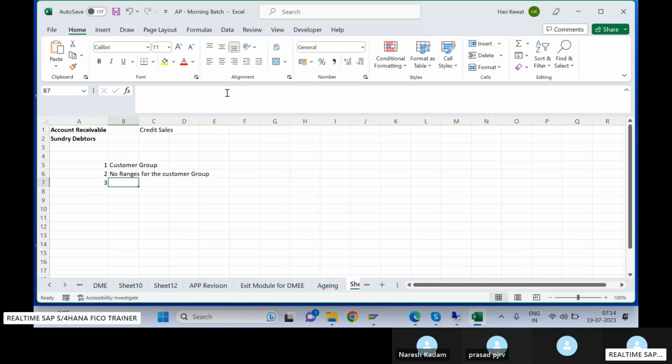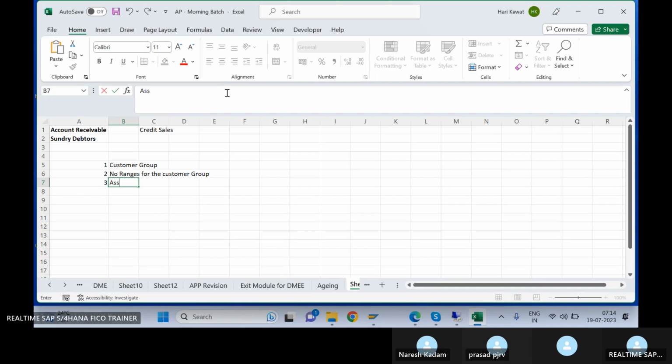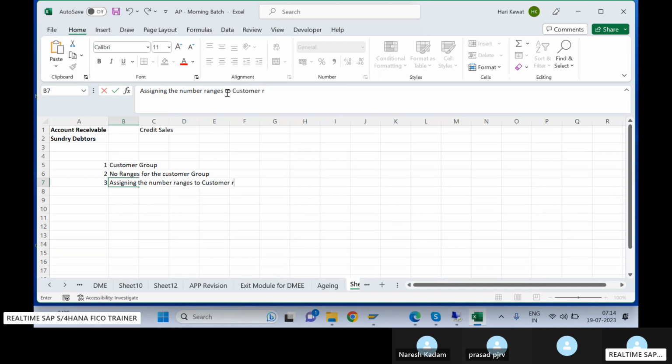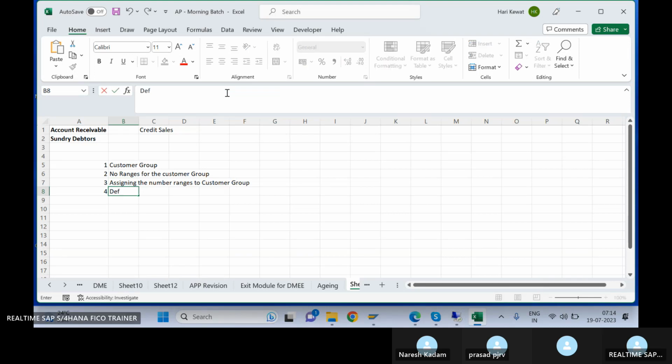Third, assigning the number ranges to the customer group. Up to here there is no difference between ECC and S4 HANA; even in ECC you are doing this. Then fourth, defining the grouping, which you have already done during the vendor time.